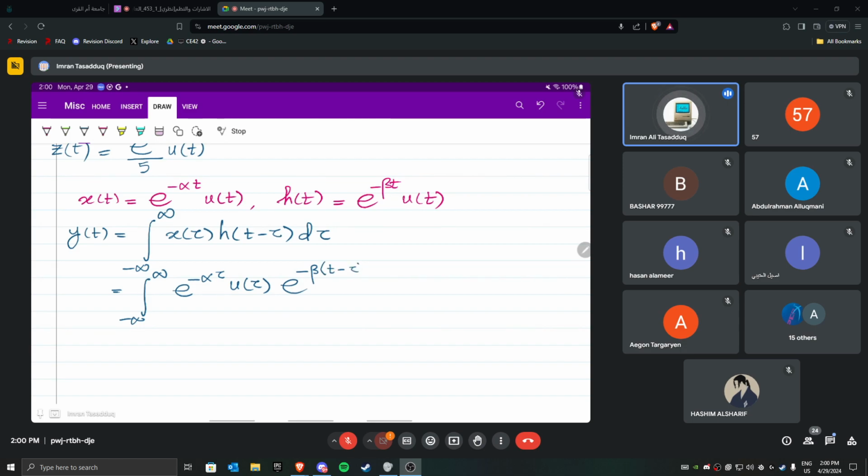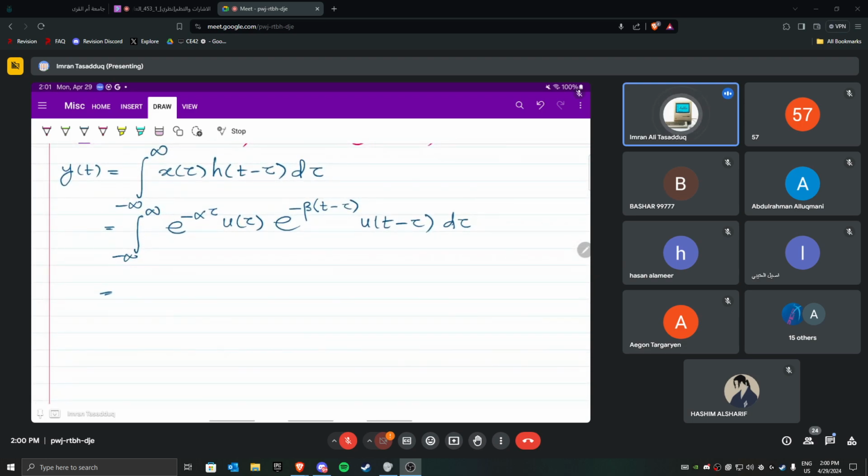If you don't put the brackets, your solution will be wrong. And u of t minus tau d tau. Then this is going to be equal to integral. Now, what should be the lower limit? Zero. Okay, all right.